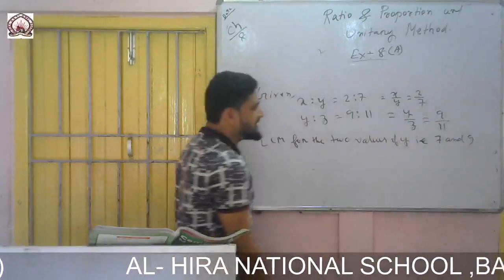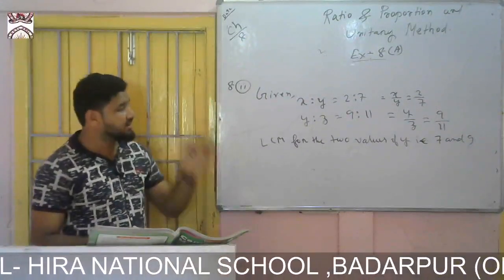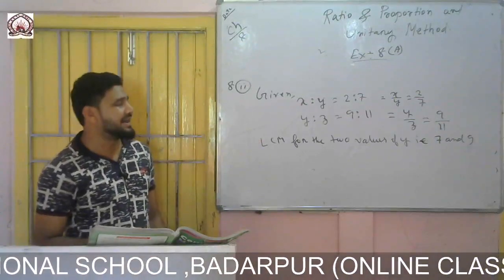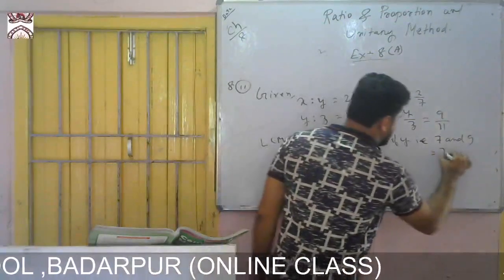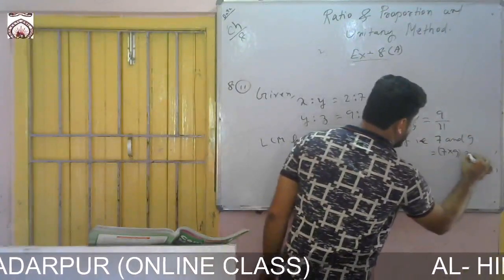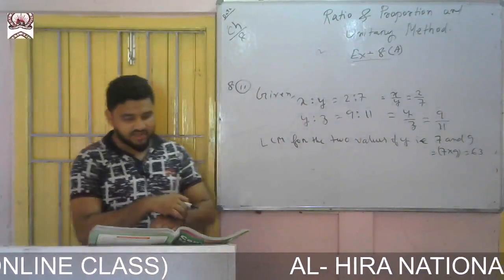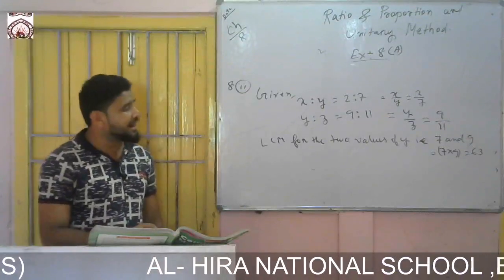The LCM of 7 and 9 we can get by multiplying. So 7 nines are 63. So the value of y is 63.